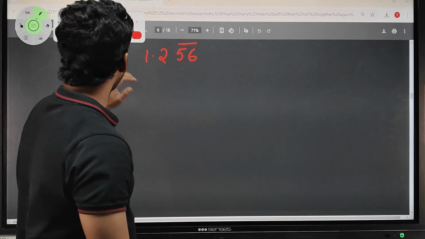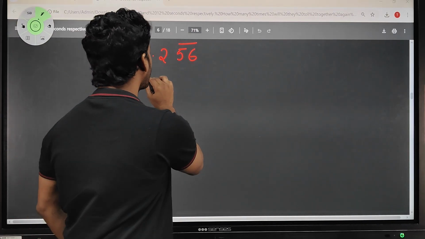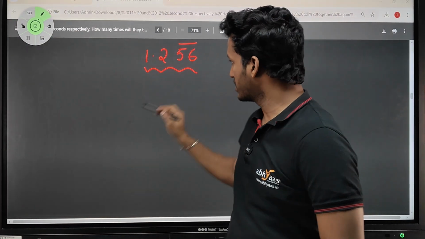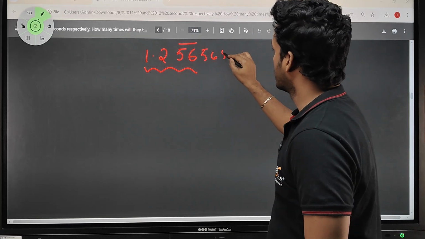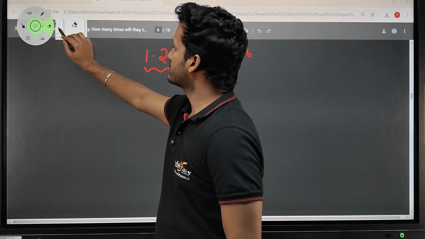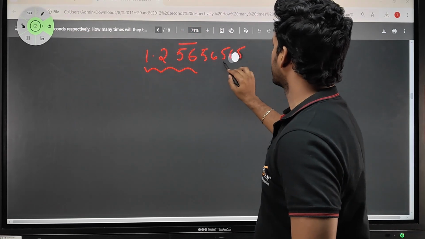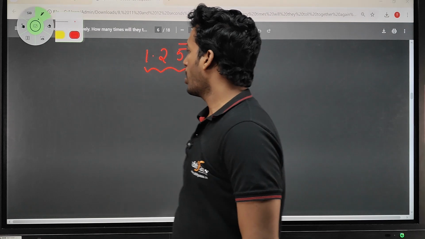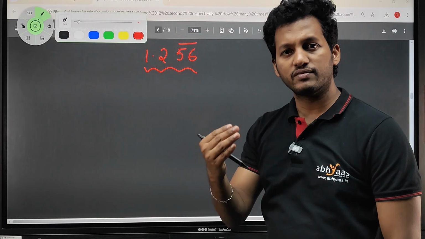Find the fraction form of 1.256 bar. 56 bar means 56 is repeating. This number will go on like 56 and 56. Only that part will be recurring. Now, how to convert that into a fraction?